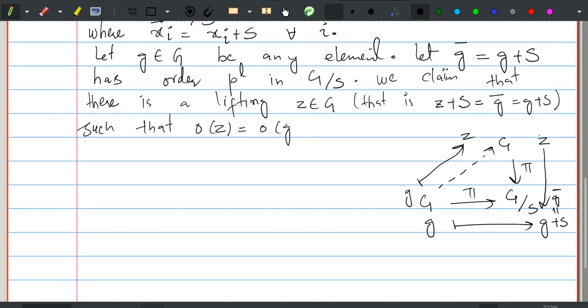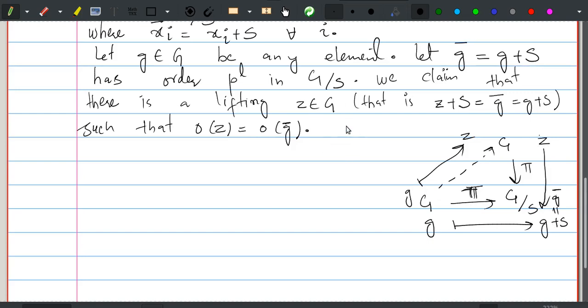So this is our claim, and we have to prove that it is always possible to lift some G in G, I mean we can lift this projection map such that G plus S and this Z have the same order.